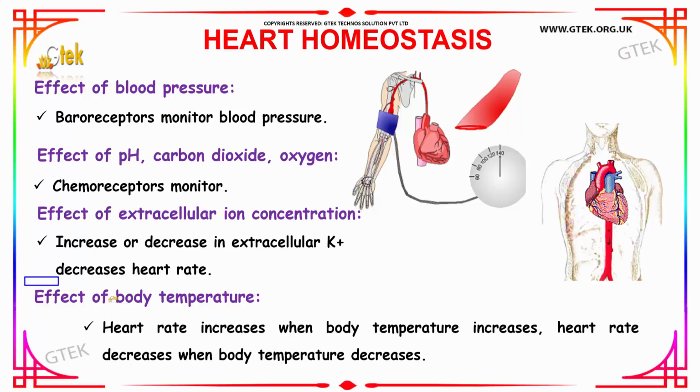The effect of body temperature on the heart is that the heart rate increases when the body temperature increases. So the heart rate decreases when the body temperature decreases. So this is the relation between the body temperature and the heart rate. So these are the effects of blood pressure, pH, carbon dioxide, oxygen, and extracellular ion concentration and the body temperature.